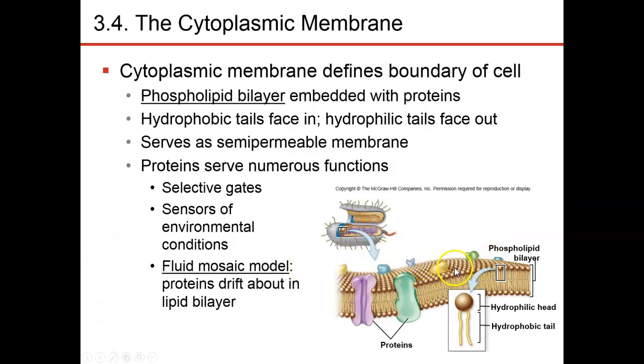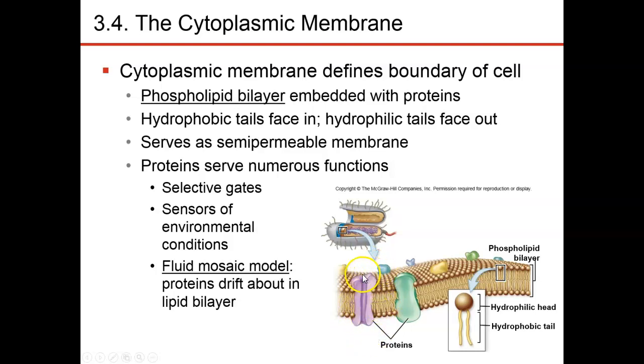They might have functions as enzymes. They might be regulating certain activities inside the cell. They might be identifiers. And then we have these other proteins that are spanning through the entire plasma membrane. Those are known as integral proteins. They are integrated in the plasma membrane.